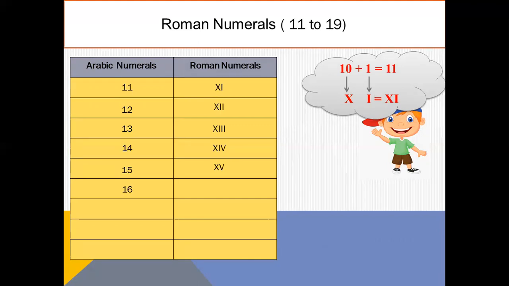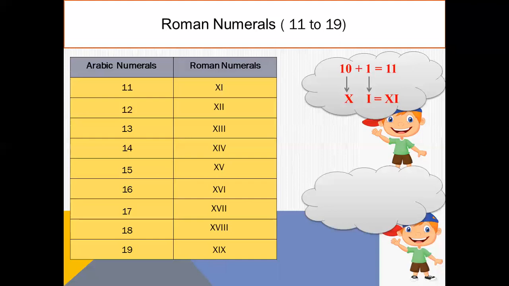That means 10 plus 5. 16 is written as XVI. That means 10 plus 6. Similarly, we can write 17 and 18 by using the letters X, V and I. 19 is written as XIX. That means 10 plus 9.